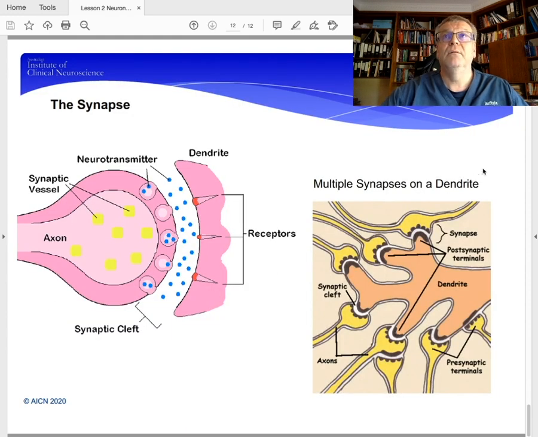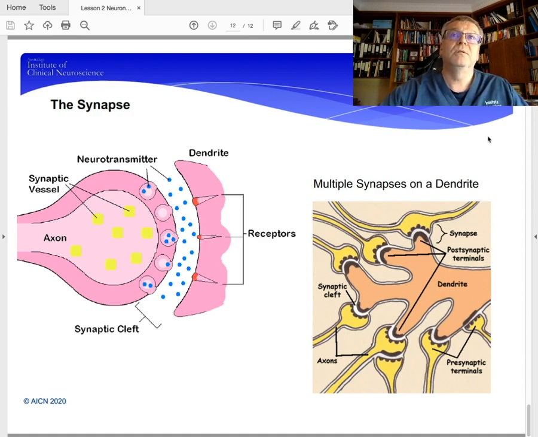Now, the final thing that we're going to talk about today is just an introduction to the synapse. The synapse is the specialized structure at the end of the axon, or where the axon will come in close contact with another neuron, usually at a dendrite of the other neuron, but as we'll see later, there are different types of synapses which we'll go through.